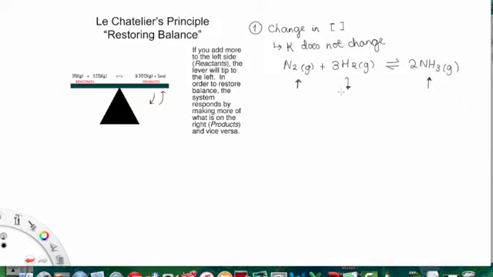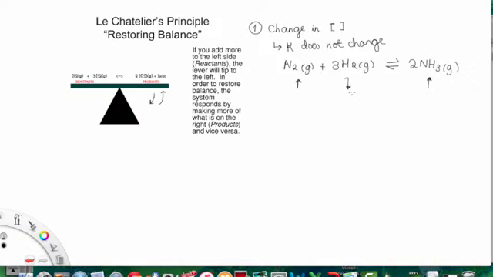How would Le Chatelier's principle restore balance in this scenario without adding more reactants, since there's an imbalance in the way the products and reactants are reacting? How would we increase the yield of ammonia without adding more of these reactants?